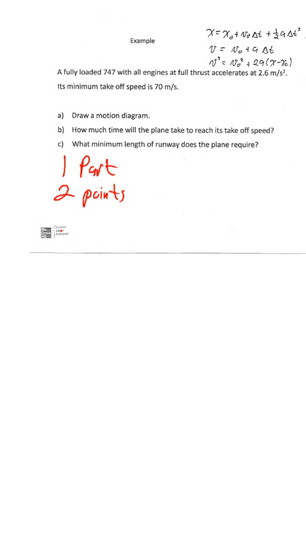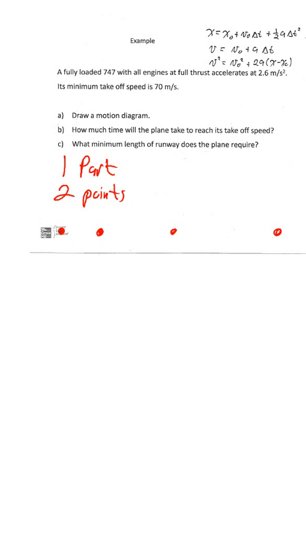But before we do that, the authors ask us to draw a motion diagram for this, and so it looks like we want to just draw a series of dots equally spaced in time in which the spacing increases because this plane is accelerating when it takes off. So if we start with a dot right there and a second dot right there, then we want to draw dots that are further apart.